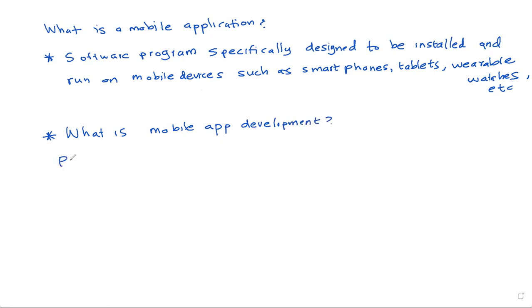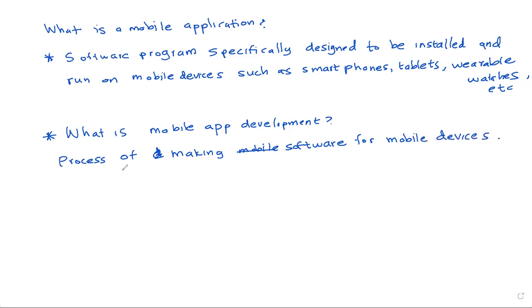It is the process of developing mobile applications or software. The process of making mobile apps, or the process of making software that can be installed in those devices, right? The process of making software for mobile devices we call mobile app development.